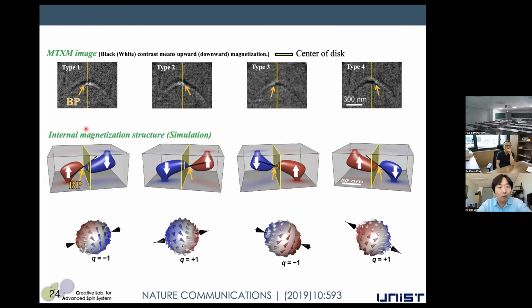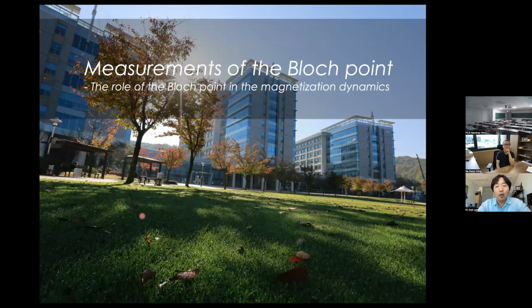We figured out that the Bloch point is located at the left side of the center line, or the right side of the center line, and finally we figured out the whole set of Bloch point structures. Okay, and now we have successfully measured the stabilized Bloch point inside the spin system, the patterned structure.